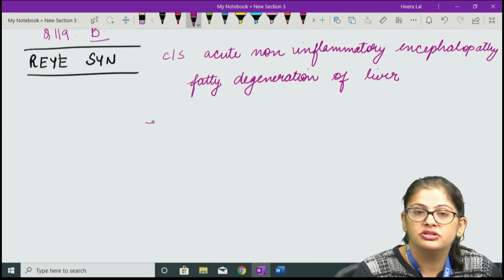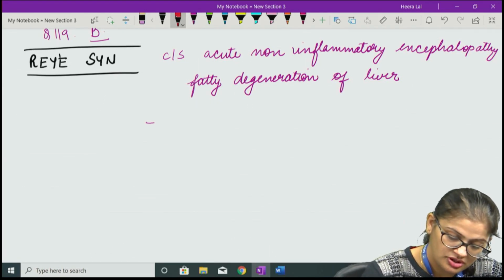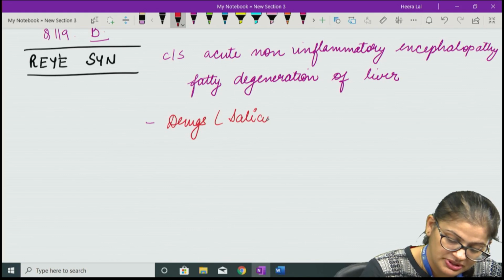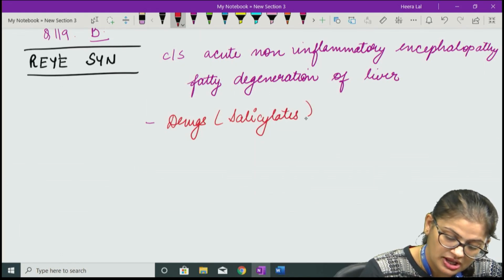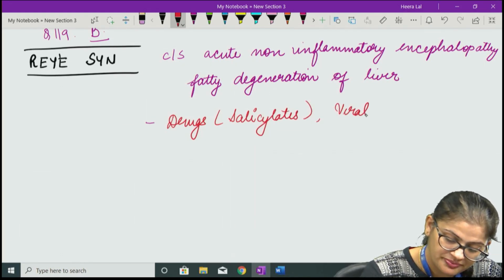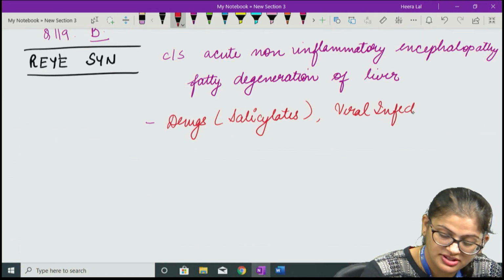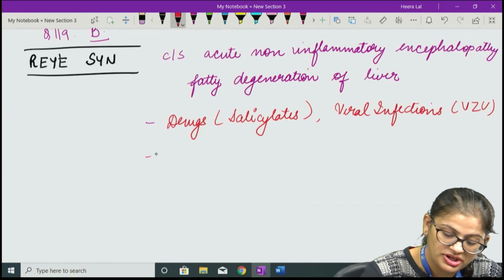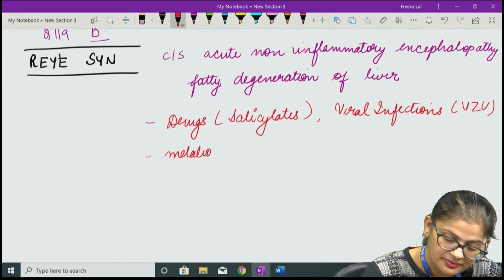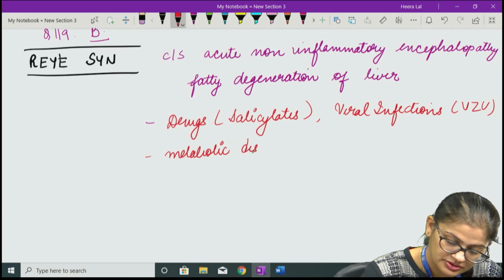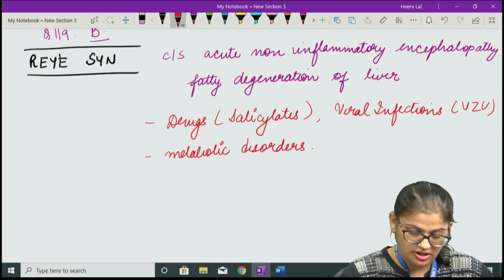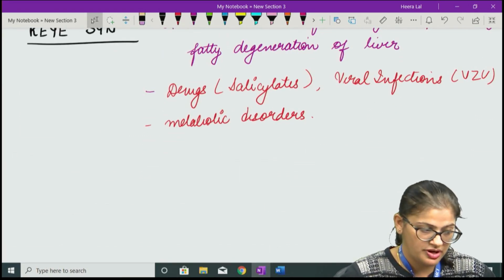The most common causes of Reye syndrome are drugs, and amongst the drugs, aspirin or salicylates are most commonly implicated. Viral infections, infections due to varicella zoster virus, and certain metabolic disorders may be the important causes of Reye's syndrome.